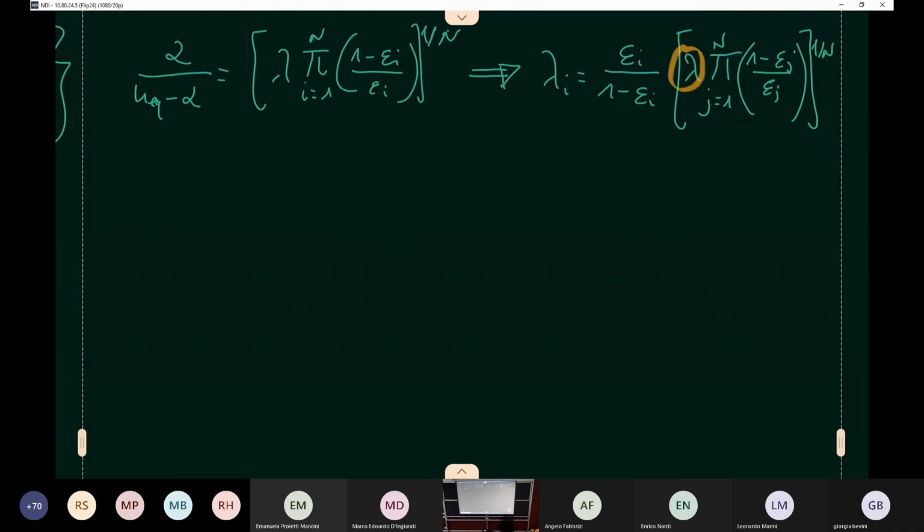So when I make the substitution in this expression of delta V, I have to put here the value of lambda I.